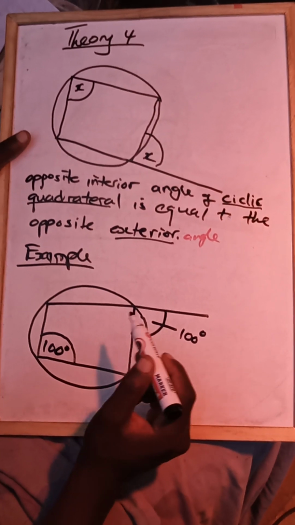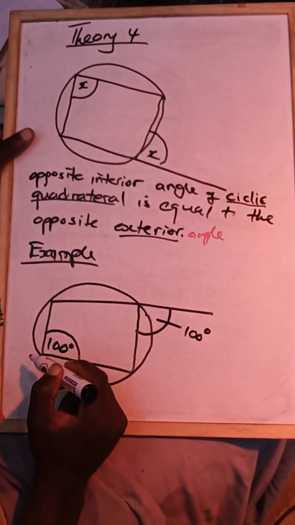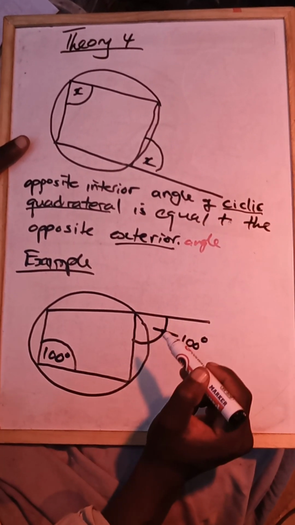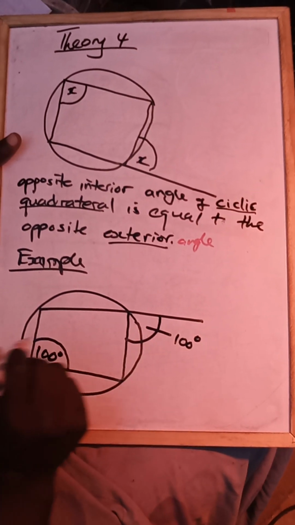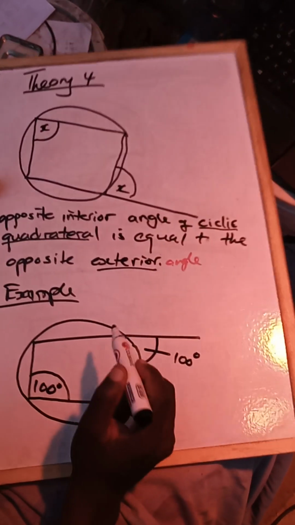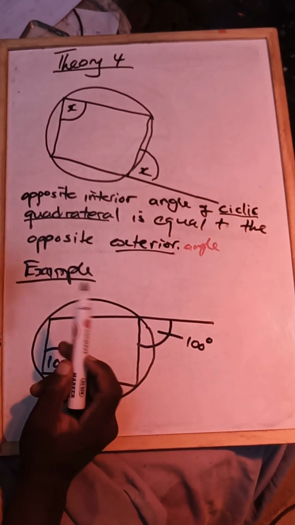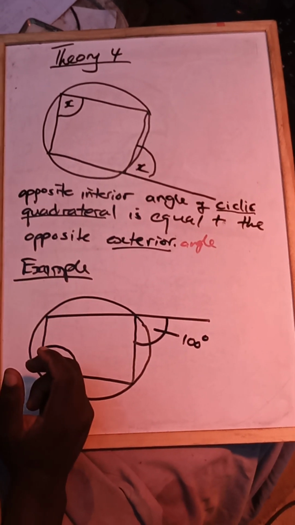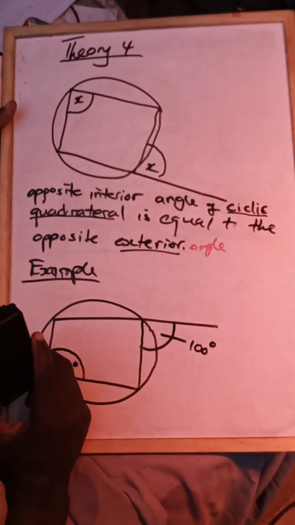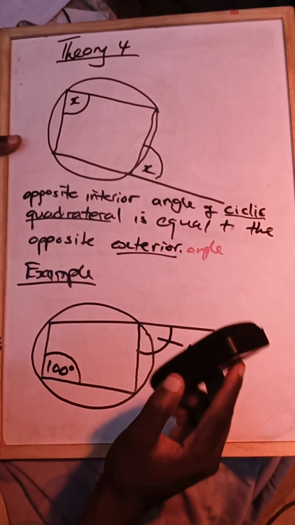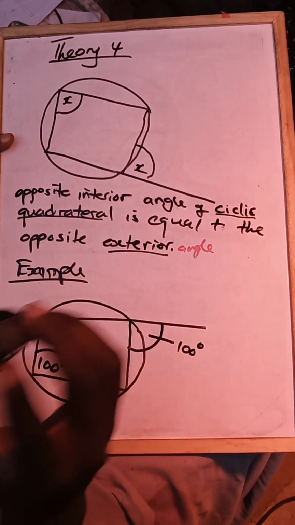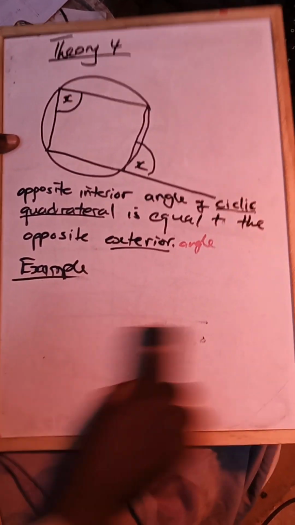So we need to find the interior angle which works with the given opposite exterior angle, right? Now I want to prove what this law says using theorem number 3.